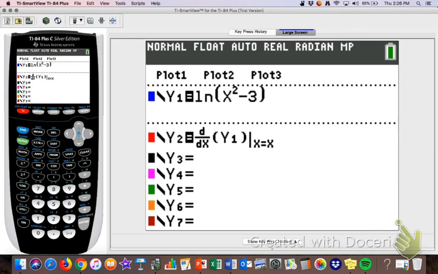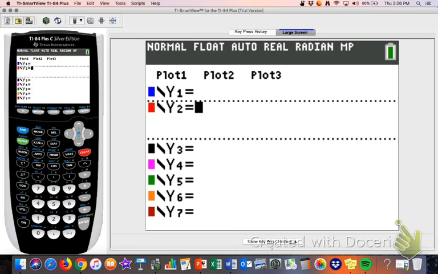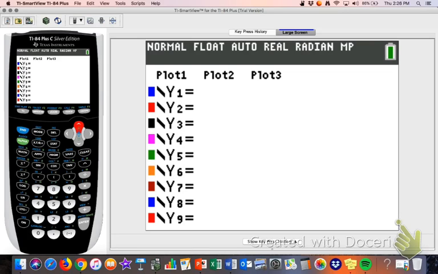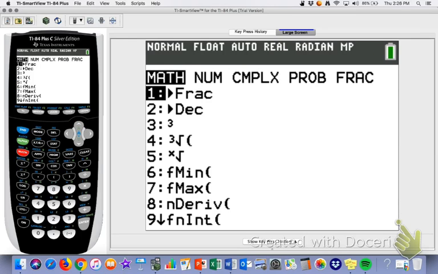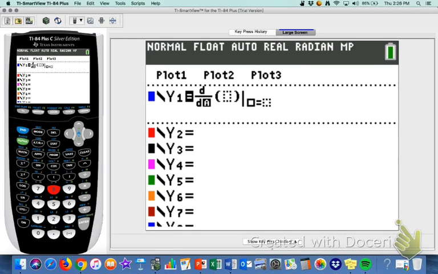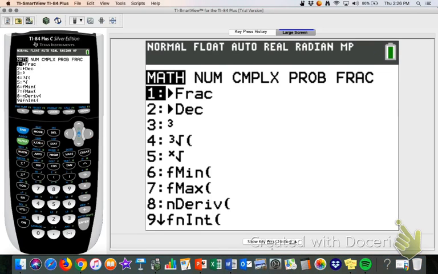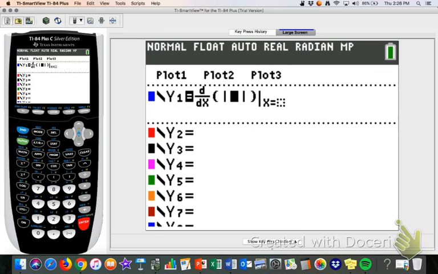When you go to graph the derivative of the absolute value of x, so this is option 8, we can say d dx of math, arrow over to number to get absolute value of x, for x, and graph.